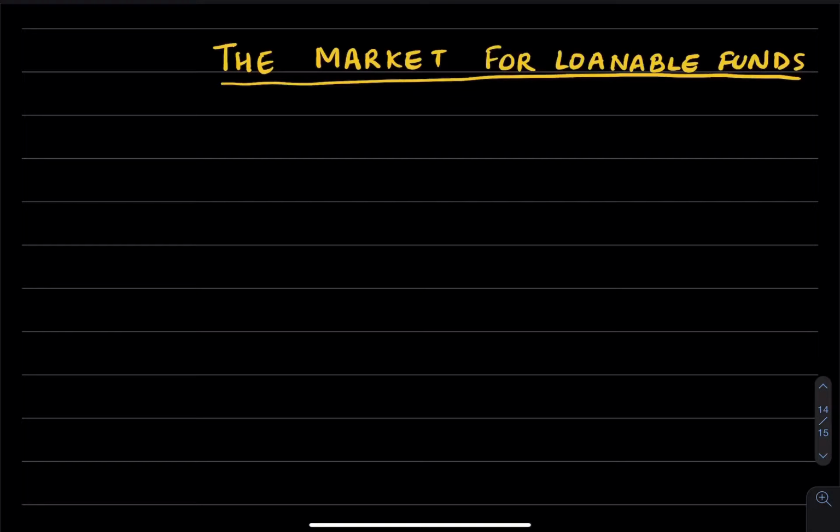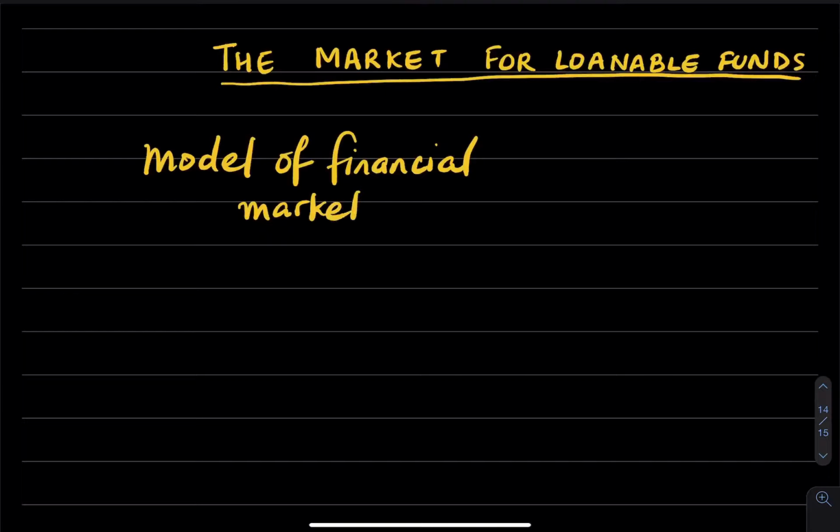In this video, we're going to talk about building a market for loanable funds. This is essentially a model of financial markets. And once again, it allows us to study how savers and borrowers interact using the financial system in the economy that's in place.